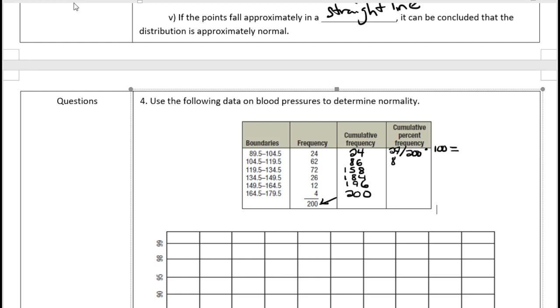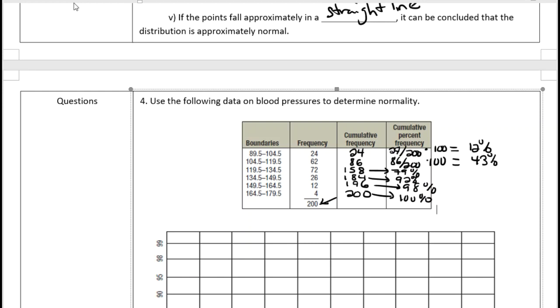And then we keep doing that: 86 divided by 200 converted to a percent. So we get what each of those numbers are. This will be 12%, this will be 43%, this will be 79%, that will be 92%, that will be 98%, and that will be 100%.